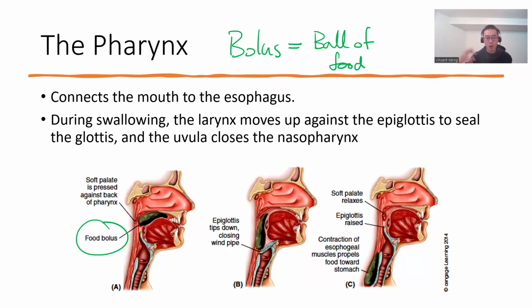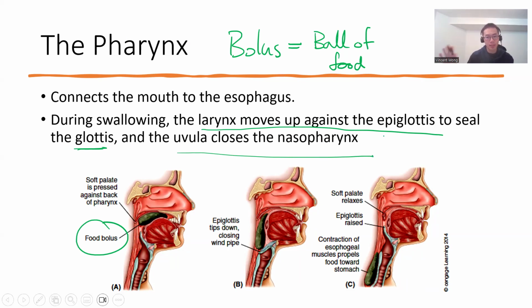You might remember the swallowing reflex is performed by the medulla oblongata, and we're going to swallow it down the esophagus. And during swallowing, the larynx moves up against the epiglottis to seal the glottis, and at the same time, the uvula closes the nasopharynx.